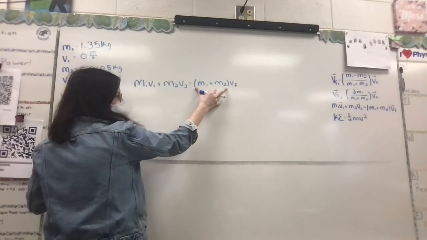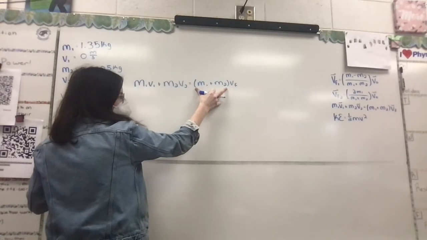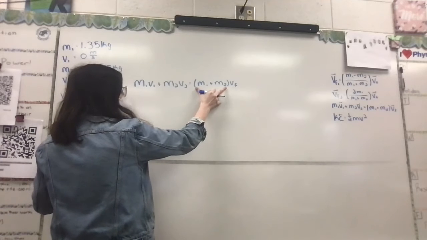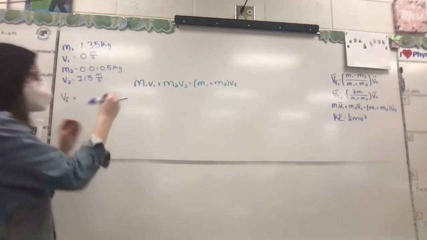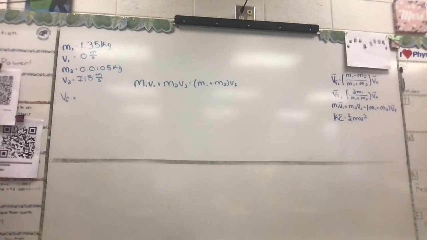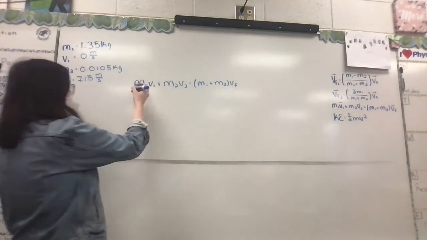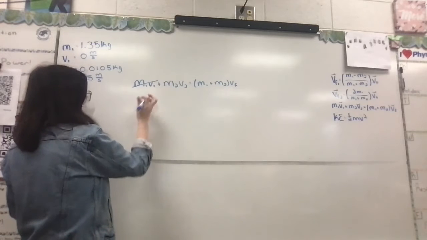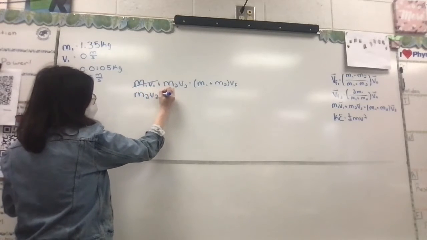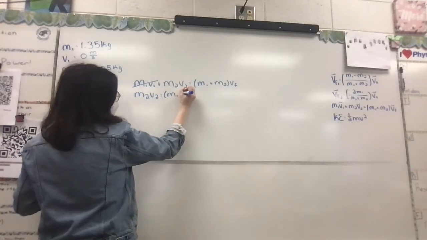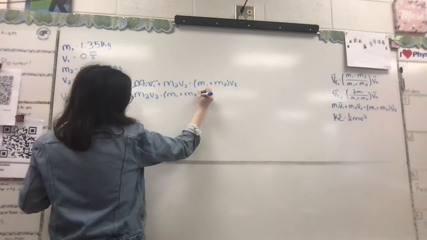Why do we have these in parentheses? Because they're together now. They're joined, so they're going to have the same final velocity. So we can bring that final velocity out. Now, is there anything up here equal to 0 that we can get rid of? The M1 V1. We can say bye to that. So we have M2 V2 is equal to (M1 plus M2) times VF.